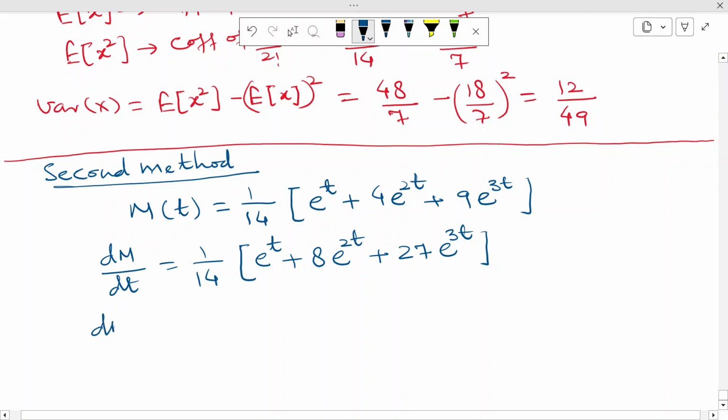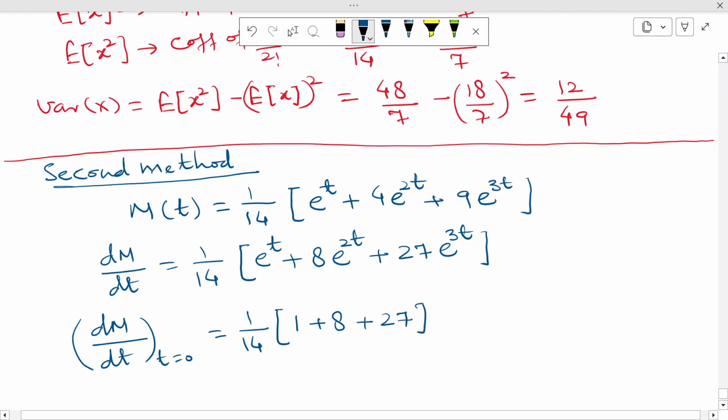So when you are finding the value of the first order derivative at t equals 0, that will be 1 by 14 as it is. So this will be e to the power 0, so here we are having 1. Again this will be e to the power 0. So here we are having 8 plus 27.